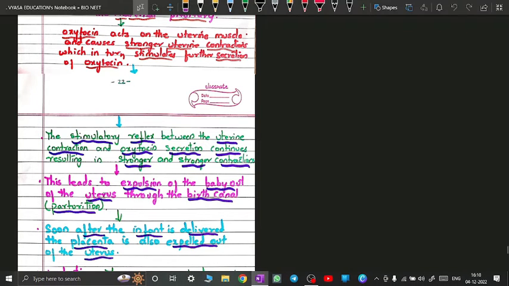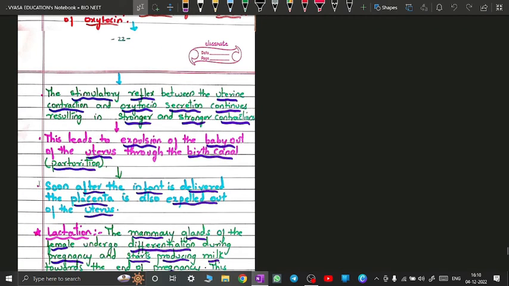So this leads to the expulsion of the baby out of the uterus through the birth canal, the cervical canal as well as the vaginal canal. So the cervix as well as the vagina both form the birth canal, we said, isn't it? That is called parturition. So this is the mechanism of parturition. You have to just remember oxytocin and maternal pituitary here, and uterine contraction, that is, oxytocin increases the uterine contraction.